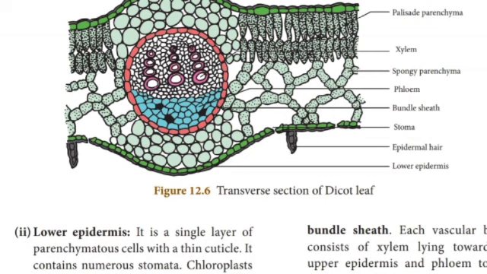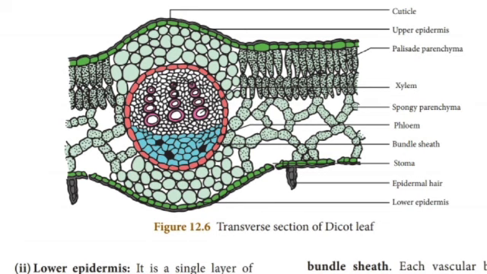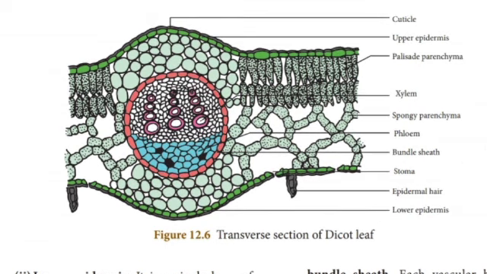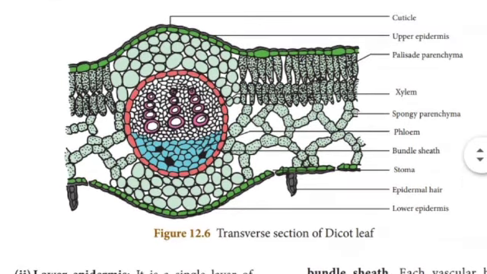spongy parenchyma. It is found below the palisade parenchyma tissue. The spongy parenchyma tissue is present below the palisade parenchyma tissue. Cells are almost spherical or oval and are irregularly arranged. This type of spongy parenchyma cells are in irregular shape, arranged irregularly, and almost spherical or oval.